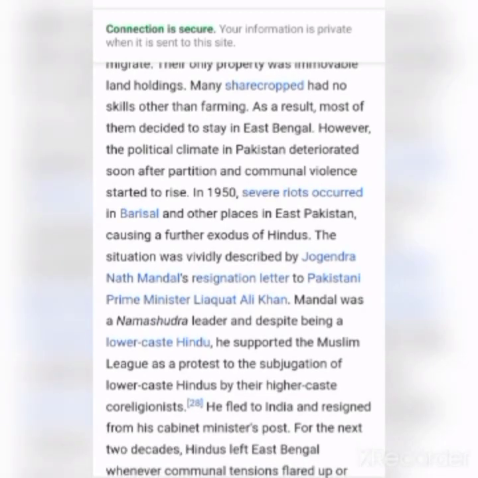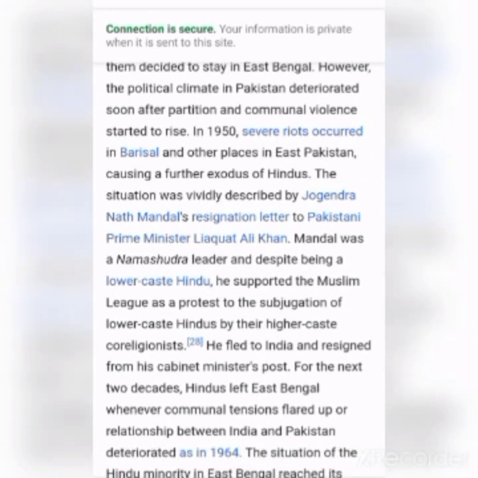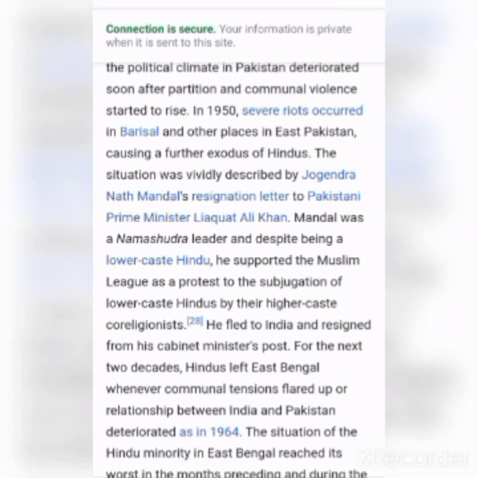Mandal was a Namashudra leader, and despite being a lower caste Hindu, he supported the Muslim League as a protest against the domination of power by the higher caste Hindu coalitionists. He failed to resign from his cabinet minister's post for the next two decades.